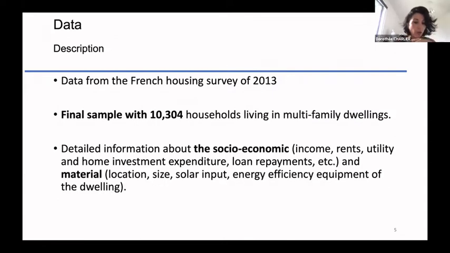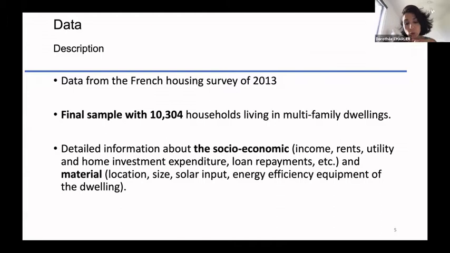In order to conduct this study, we use a French database from 2013. Unfortunately, we are still waiting for the last wave of the survey. We have a sample only of households living in multifamily dwellings, and we can observe 10,000 households. In this database, we have a lot of information about the building, but also a lot of socioeconomic information. So we know the rent and the income, but we also have some information about the quality of the buildings.